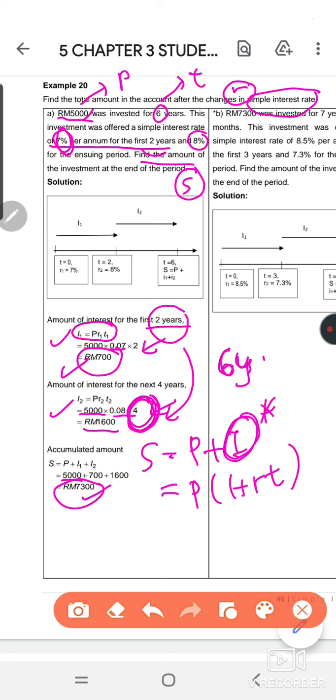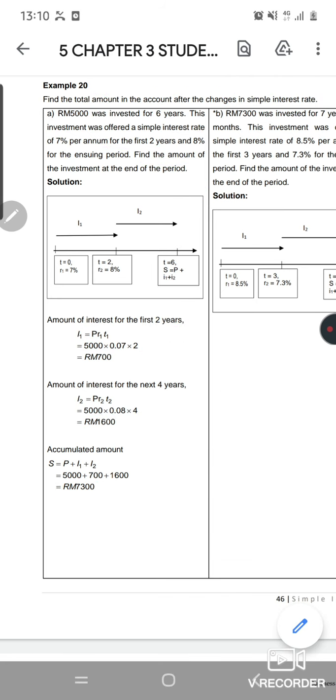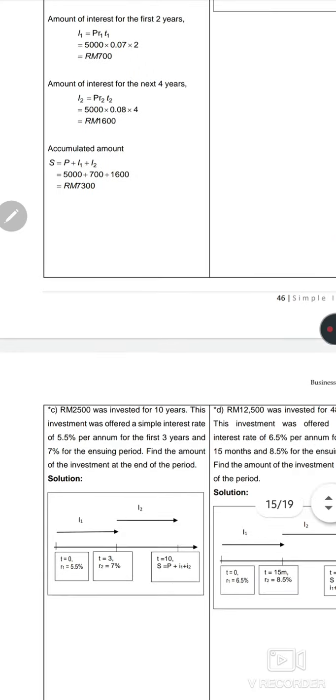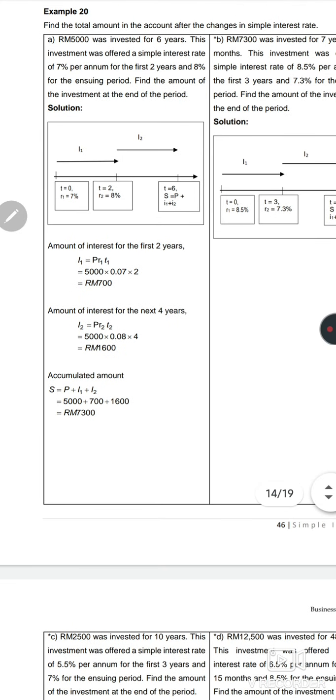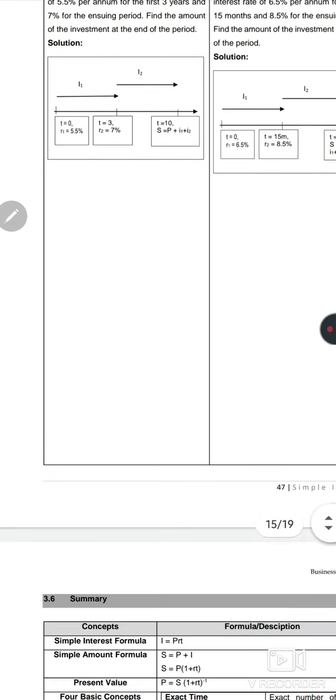Kalau awak guna formula P(1 + RT), yang ni R ni dia menggunakan R yang sama, so tak boleh guna formula ni. Walaupun yang sebelum ni kita guna P(1 + RT), so kita kena tengok yang sesuai. Okay, so this one you can try to solve B, C and D.